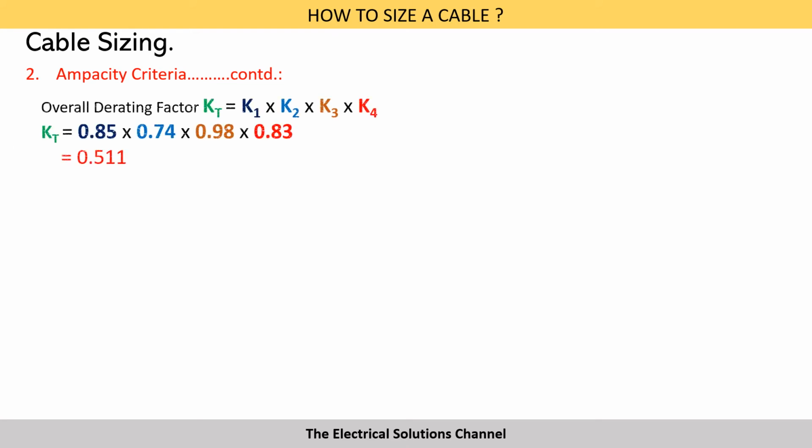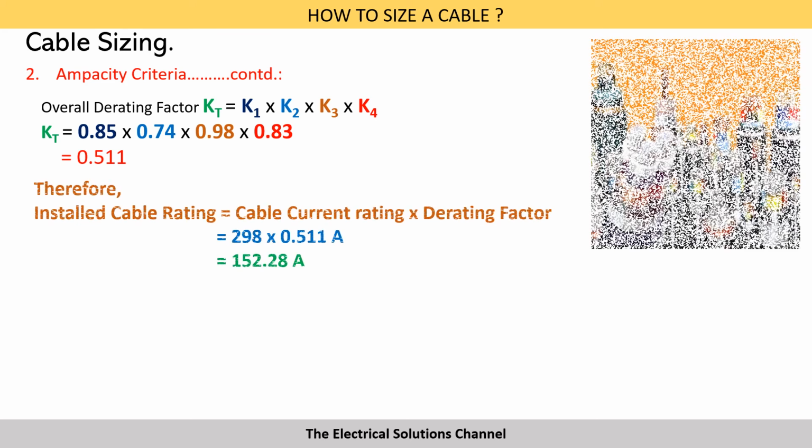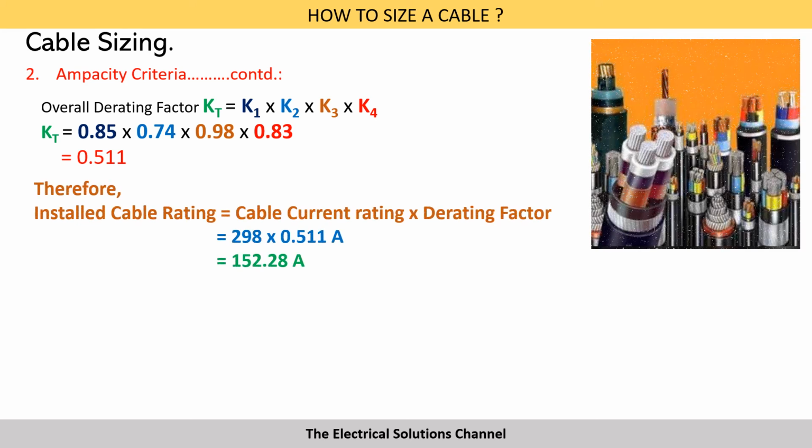The overall derating factor Kt is equal to K1 into K2 into K3 into K4, and it works out as 0.511. Therefore, the installed cable rating, which is equal to cable current rating into derating factor, is equal to 298 into 0.511 amps, and this works out as 152.28 amps.